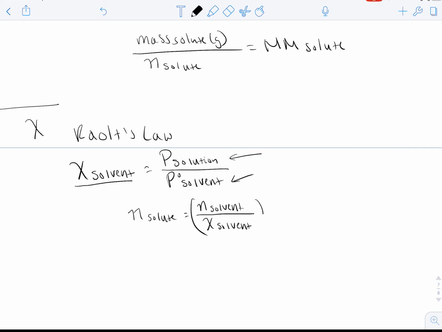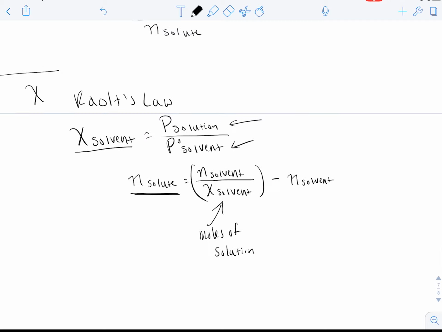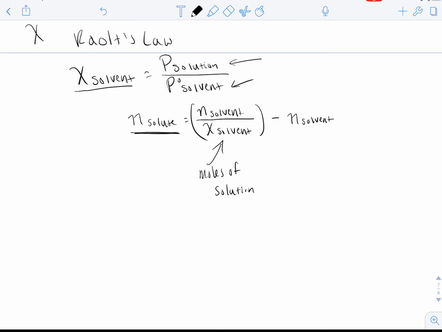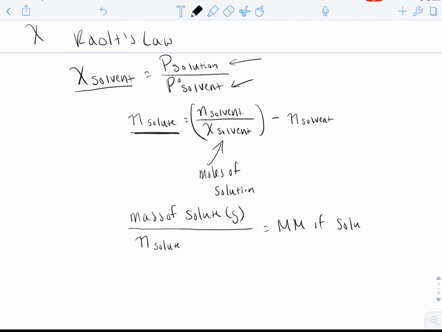That will give us our moles of solution. And then we subtract out our moles of solvent to get our moles of solute. Once we have our moles of our solute, then we're just going to take our mass of solute in grams divided by our moles of solute, and that will give us our molar mass of solute.